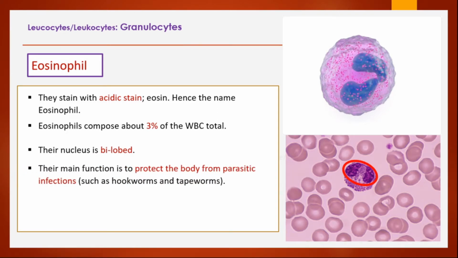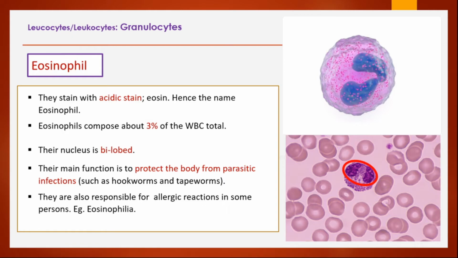Their main function is to protect the body from parasitic infections, such as hookworm infections or tapeworm infections. Neutrophils are unable to phagocytose these larger worms. Eosinophils are also responsible for allergic reactions in some persons. An example is eosinophilia, which is characterized by high eosinophil count.